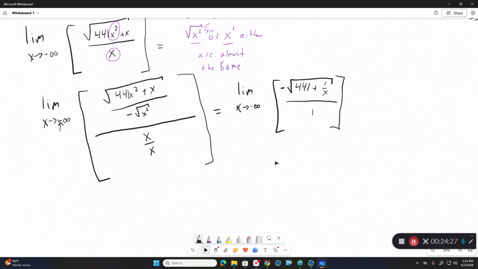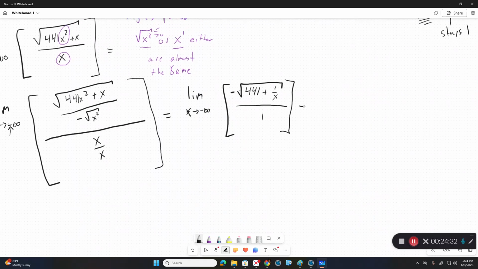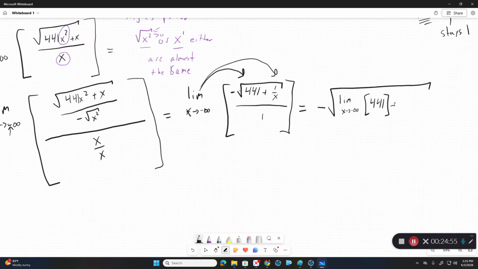Okay? Now we can actually bring the limit inside the radical. This is going to be negative the square root of the limit as x approaches negative infinity of 441 plus the limit as x approaches negative infinity of 1 over x.